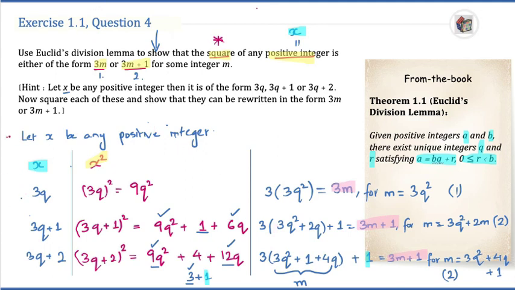It was just a random x that we had taken, any positive integer in the world, and then we used 3 here as b, used Euclid's lemma to first of all write the various possibilities for x itself. Then we squared it, and then we saw how we can write these 3 squares in the 2 forms that we are interested in, either 3m or 3m plus 1.